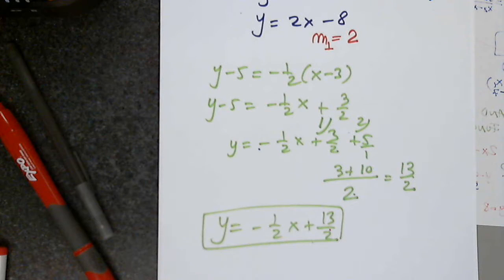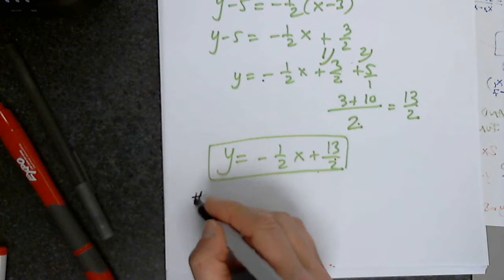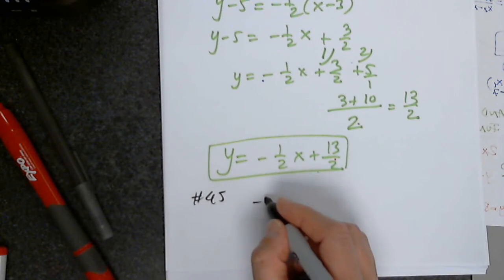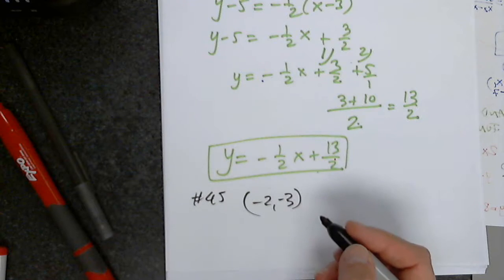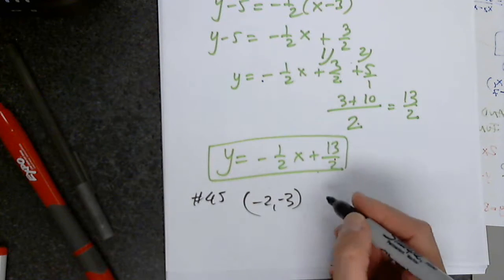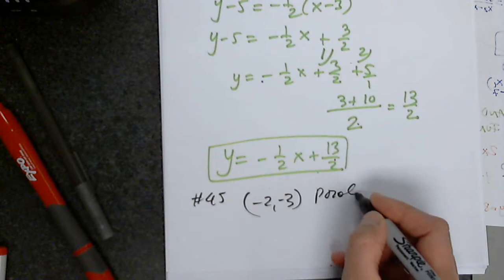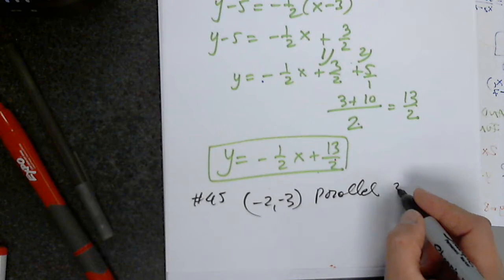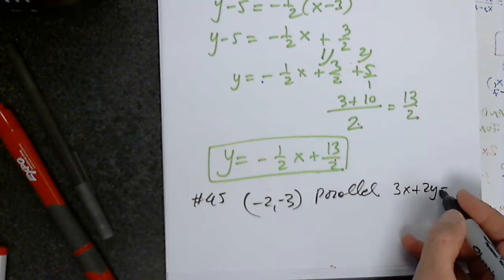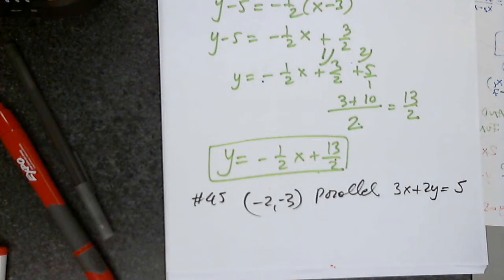Do we need to review this, or is it clear? Okay. So let's look at let's say 45. And it passes through -2, -3, and it's parallel to the equation 3x plus 2y equals 5.